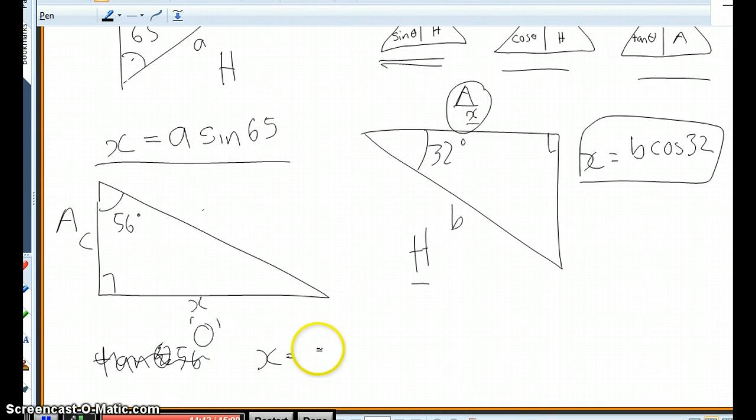X is equal to A, which is C times tan of 56.